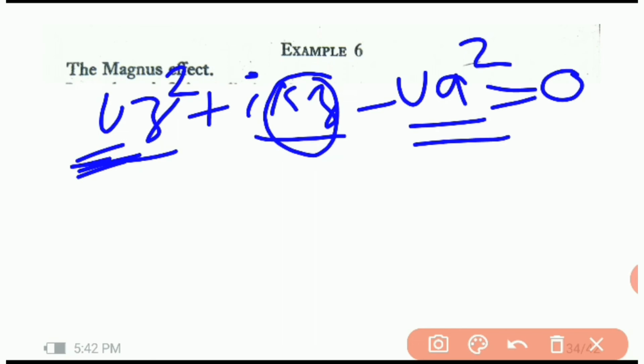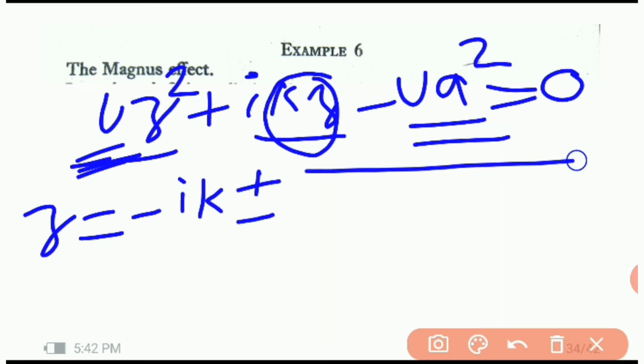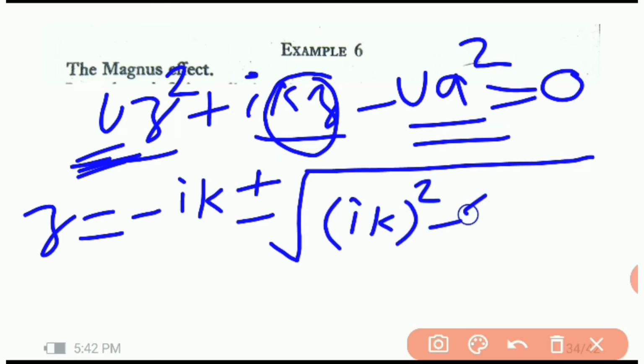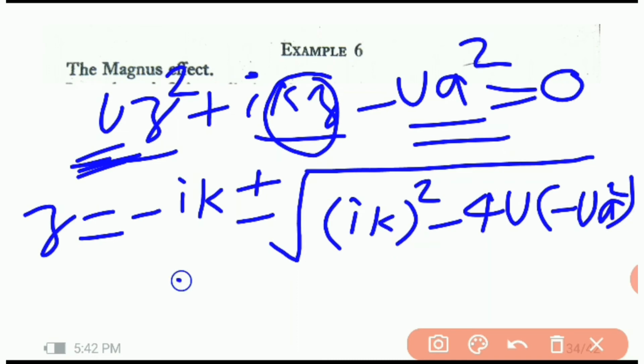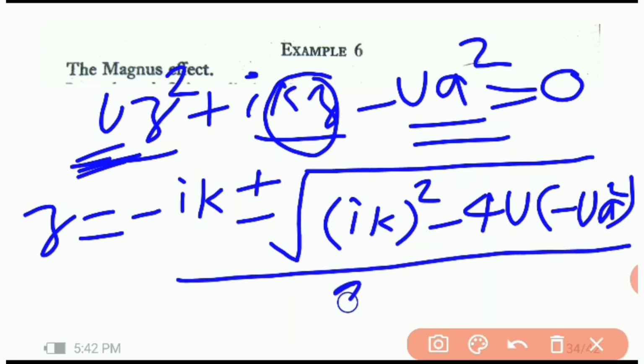So what we get? We get z is equal to minus ik plus or minus root ik square minus 4u times minus ua square, divided by 2u.